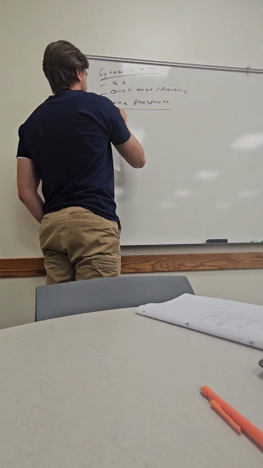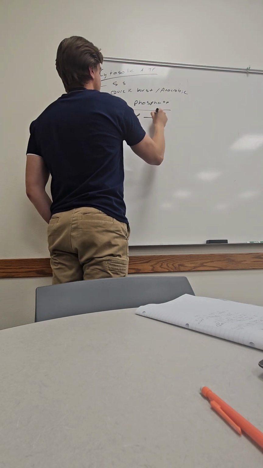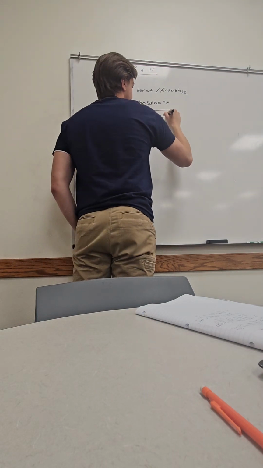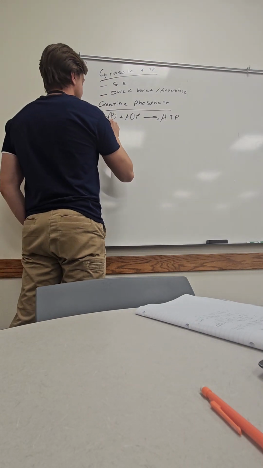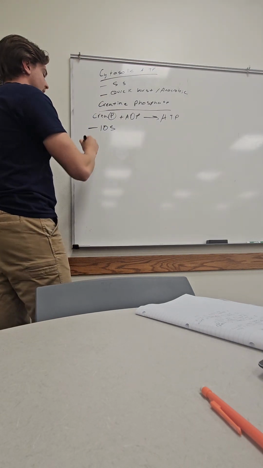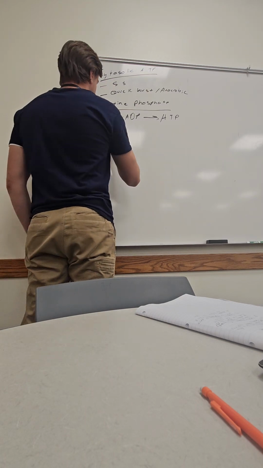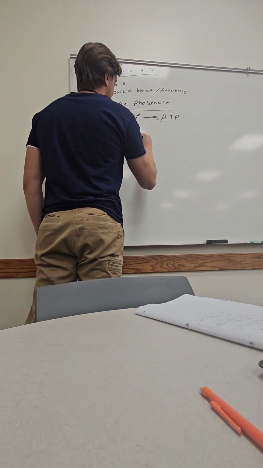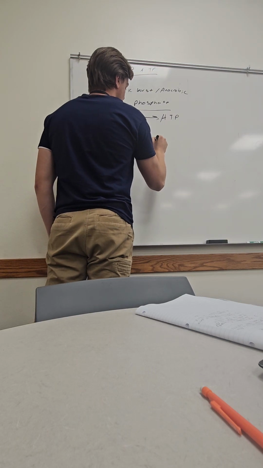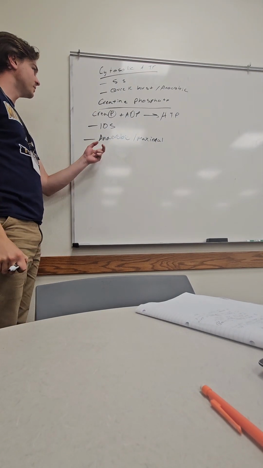So creatine phosphate and ADP. There's an enzyme that catalyzes this, and it will give us ATP. And this will give us about 10 seconds. This is another quick energy source for anaerobic slash maximal intensity contractions of skeletal muscle.